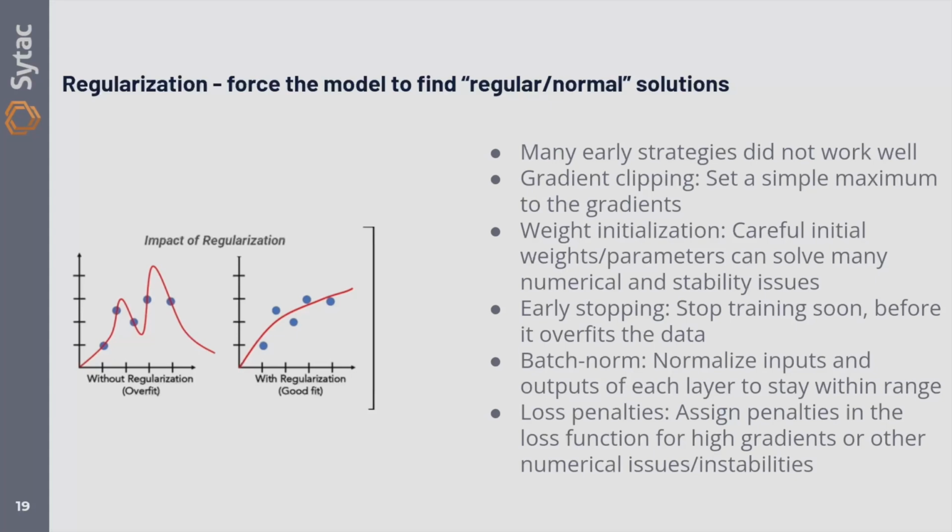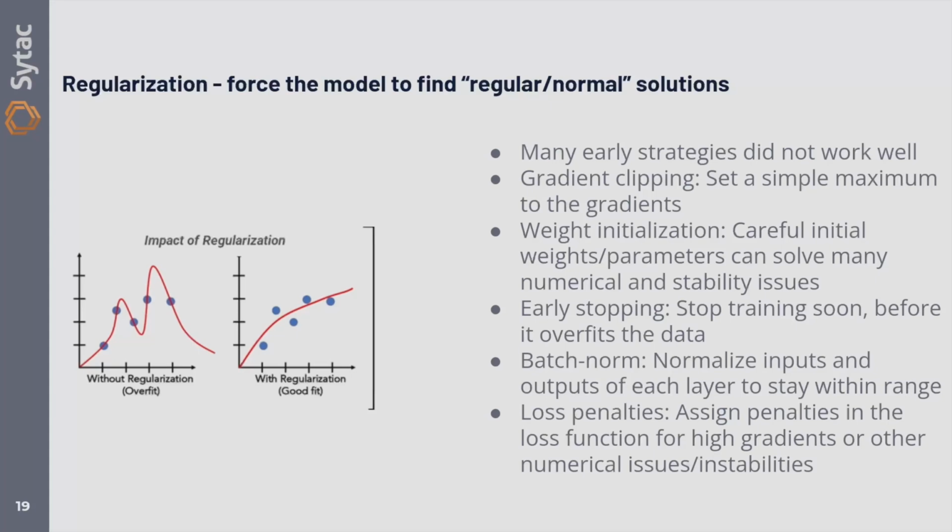So, like I said, a lot of this stuff is numerical issues. Batch normalization means that at every layer, you normalize your inputs so that they don't go too low or too high. So if you get an output that's in the 100 million range, you normalize it to a range of between 0 and 1.